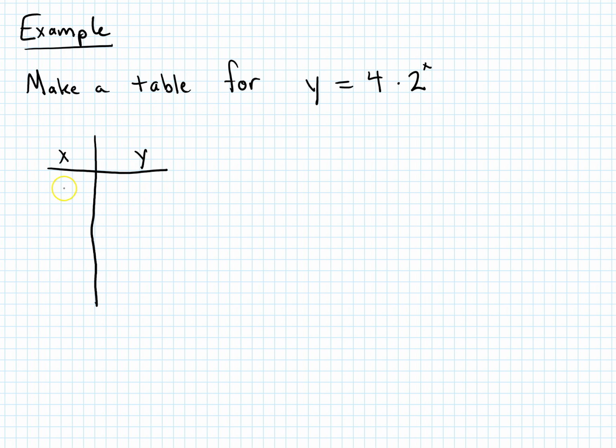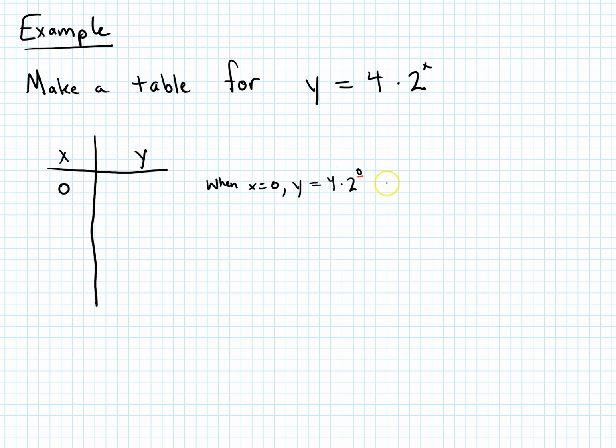Okay, so the first x value I'm going to find is 0. You can choose any one you want to find. It's good to start with 0. The way I'm going to figure this out is by plugging x equals 0 into this equation. So when x equals 0, y equals 4 times 2 raised to the power 0, where we replaced x with 0.